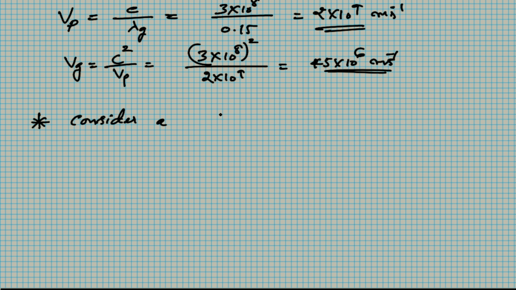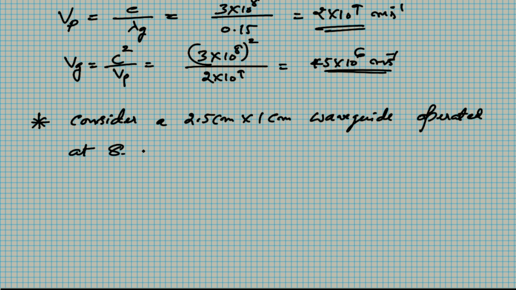Consider a 2.5 centimeter by 1 centimeter waveguide operated at 8.6 gigahertz.